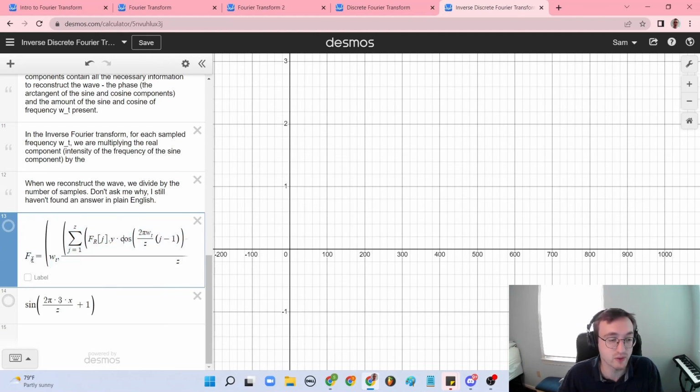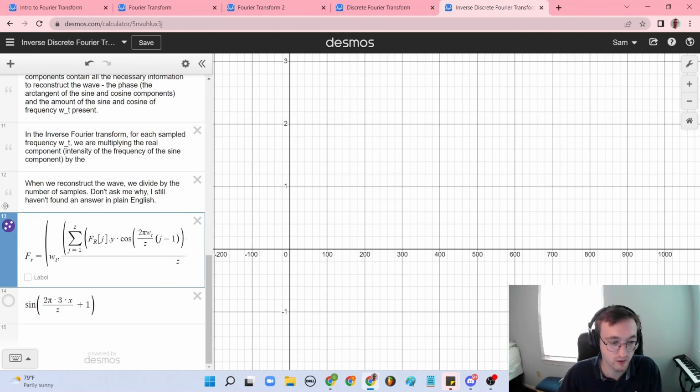And if I were to do this with the imaginaries, we would actually find that everything that came back in the imaginary part of the inverse transform would be zero, because we started out with something that was completely real and no imaginary. And so the inverse Fourier transform would send us back something that was completely real and no imaginary.